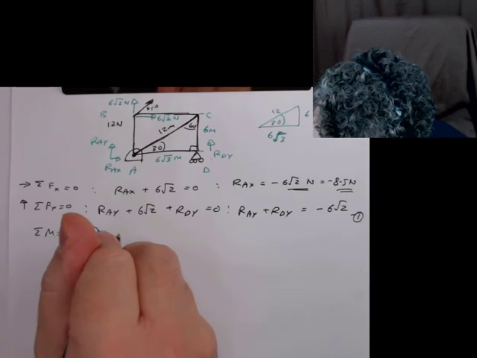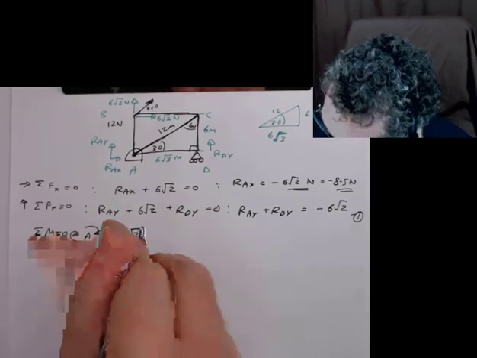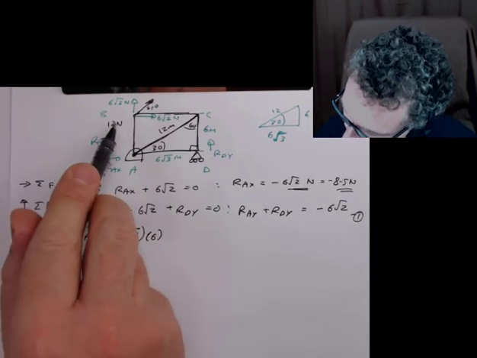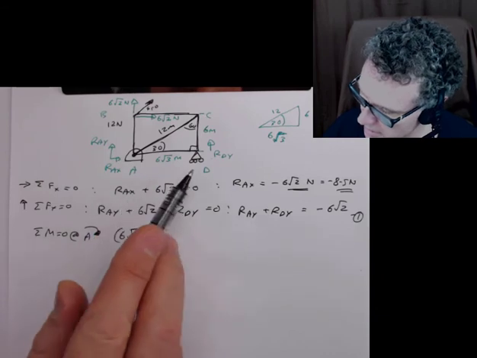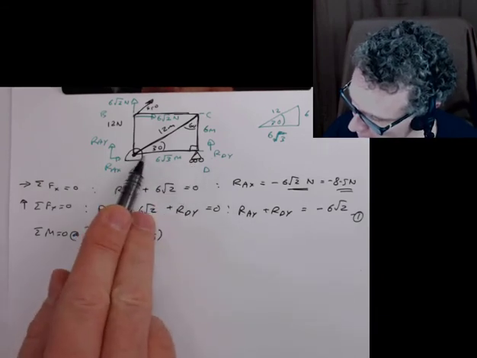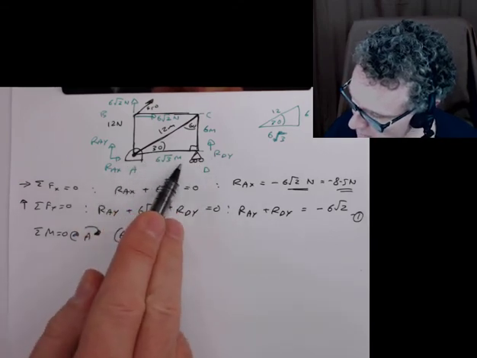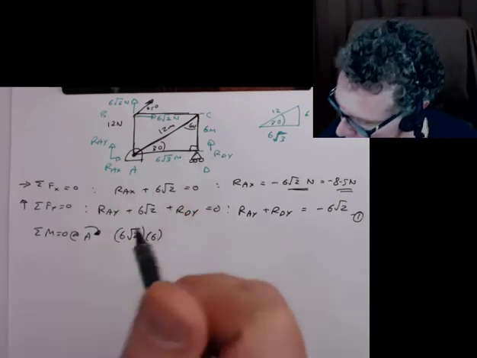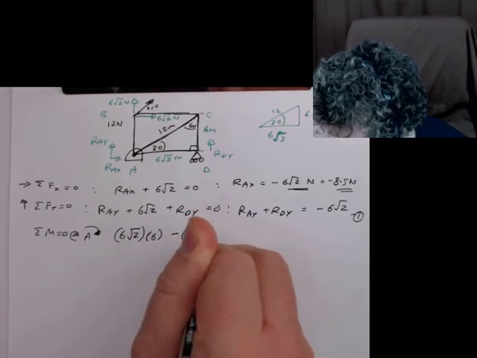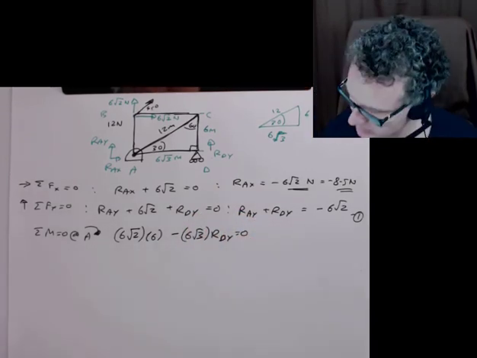So we've got 6 root 2, that's my force, times my distance, 6, and it's going to go clockwise. Here we have this reaction, which is 6 root 3 away, so minus 6 root 3 times RDY equals 0.